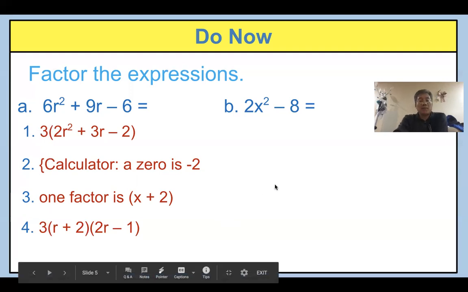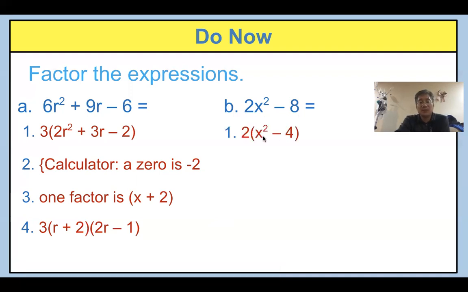Okay, now part B. The common factor is 2: 2 times x squared minus 4. Now, you can use the sum-product method. Since the bx term is 0, when you add the two numbers, it's 0, but when you multiply the two numbers, it's negative 4.